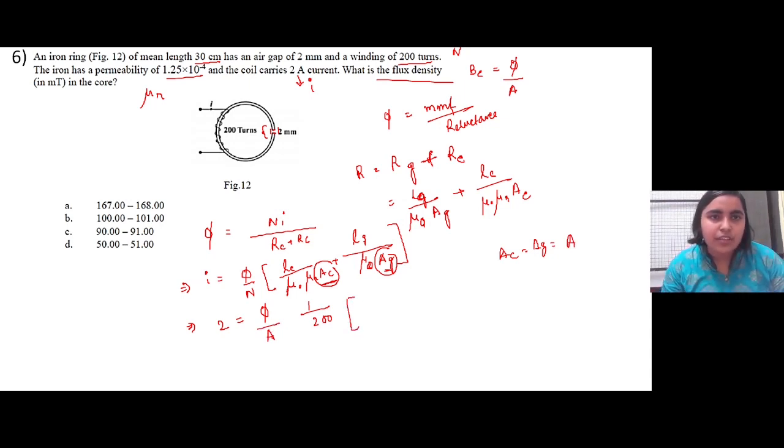Lc, the length of the core, is given as 30 centimeter. The length of the iron ring is given as 30 centimeter, which has a gap of 2 millimeter. Please note that this is the length of the total ring that is given. So we have to subtract the air gap to get the length of the iron core.